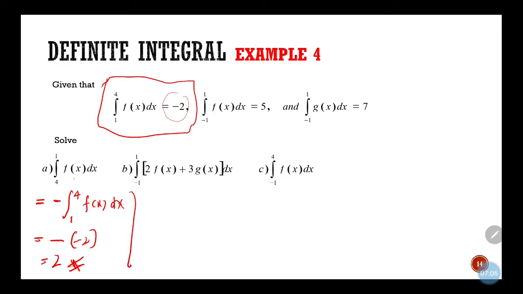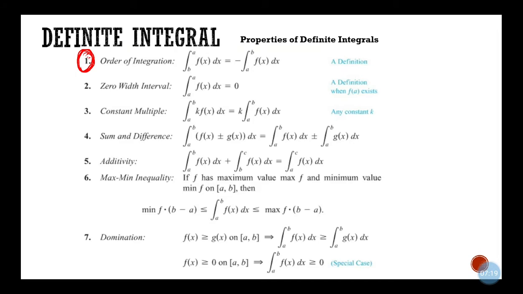Alright, and then for b, okay, we have this integration of 2fx plus 3gx dx, okay, from -1 to 1. So here you can use few properties from here. We can use constant multiple dengan sum and difference, okay, number 3 and number 4.